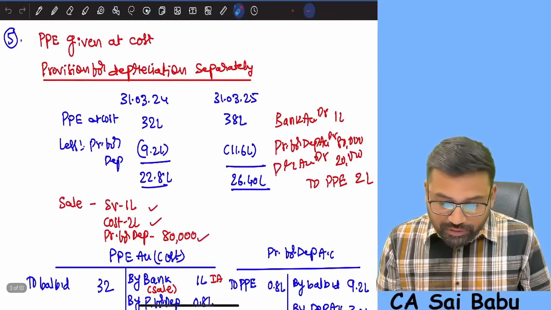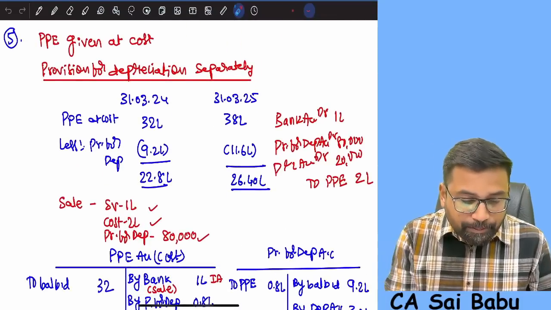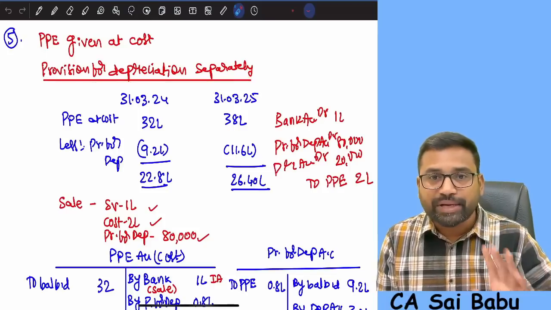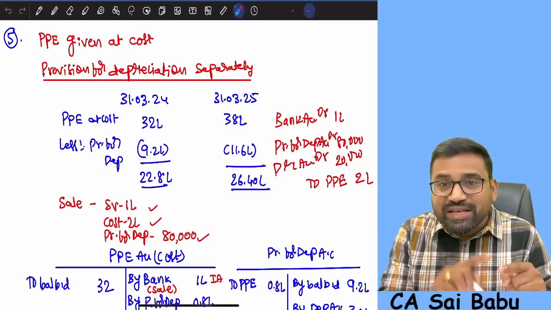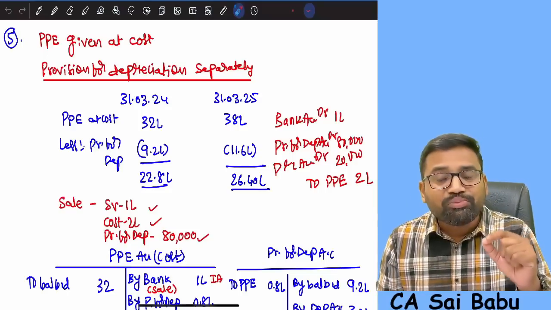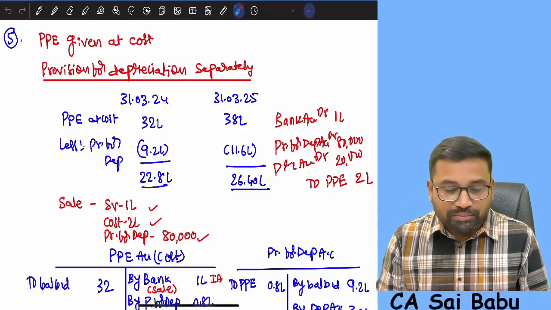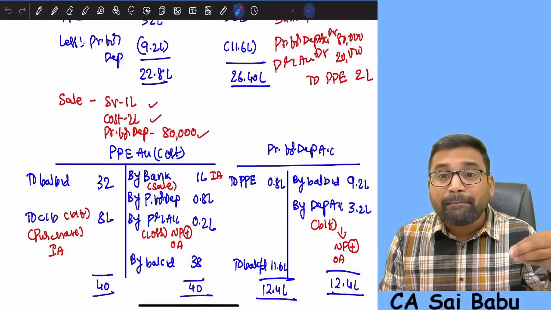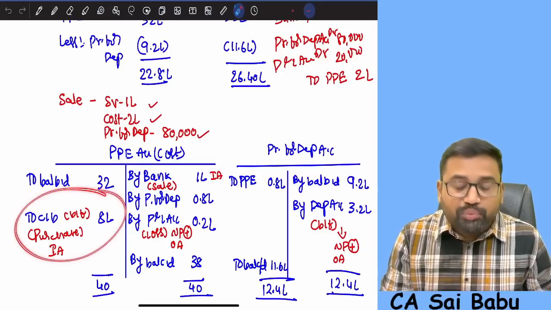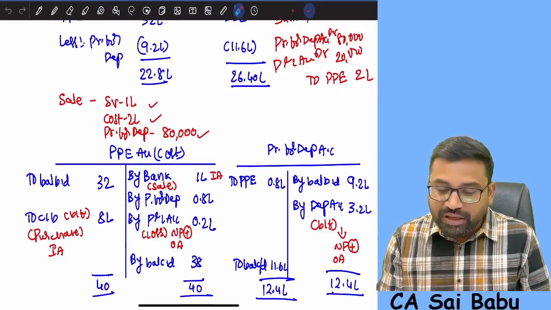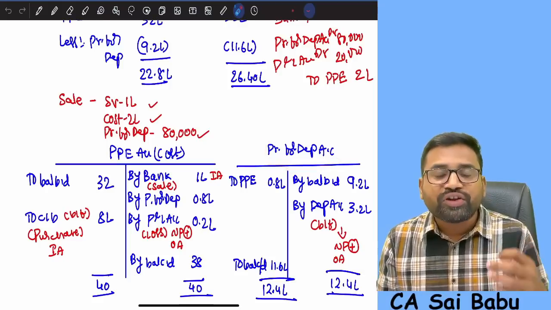And one more adjustment is PPE given at cost, sir, with provision for depreciation given separately. Sir, when an asset is given at cost and provision for depreciation is given separately, try to prepare different ledger accounts, because the main purpose of preparing the PPE account is to ascertain the balancing figure. The balancing figure in most cases is additions during the year, which will come in investing activity. And try to prepare the provision for depreciation account.